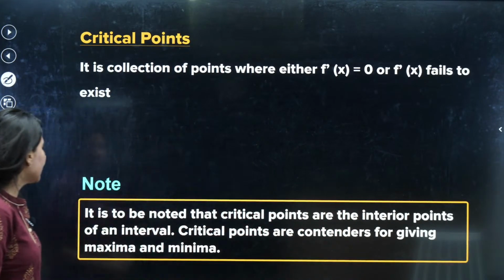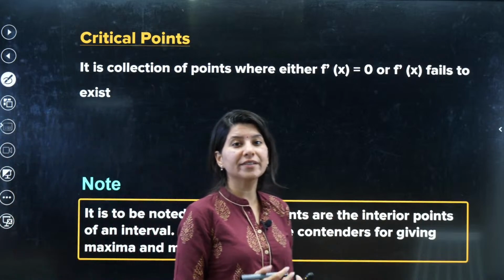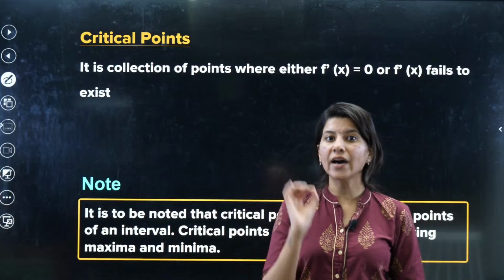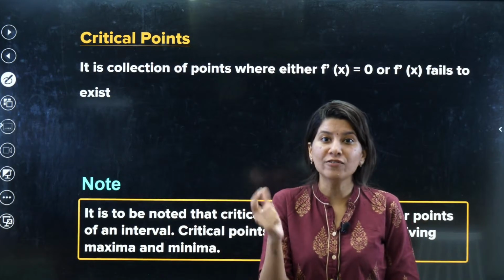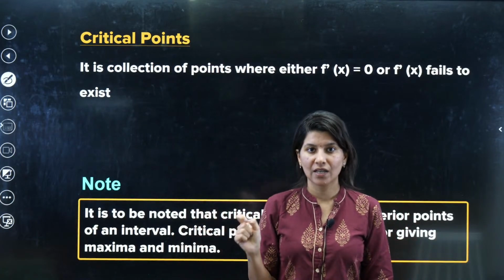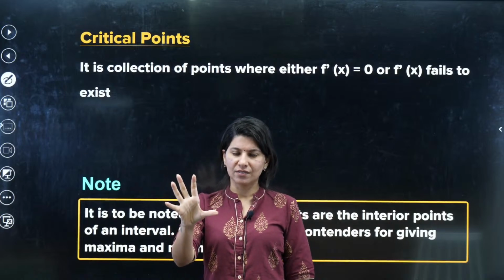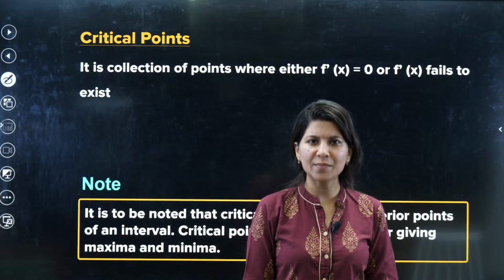Now, why am I focusing so much on critical points? Critical points are those points which are contenders for your potential maxima and potential minima. Suppose a function is given, and they ask you to figure out the points of maxima and minima.